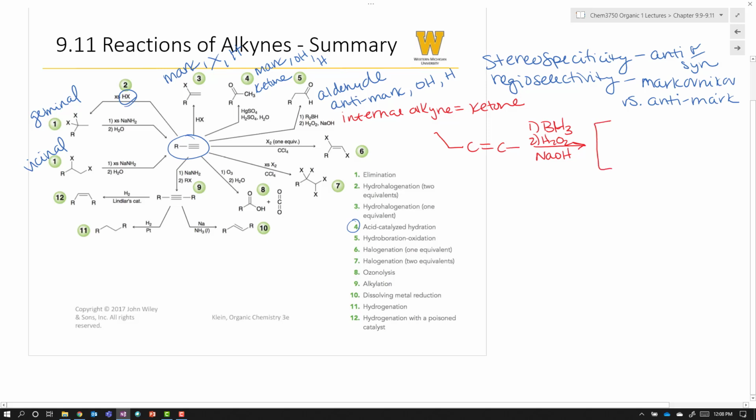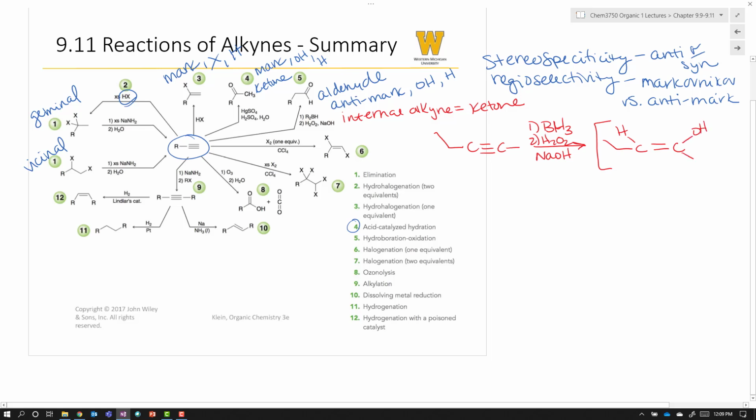You would form the intermediate, and so this is showing you how this is adding on as an anti-Markovnikov. So this carbon, oops, wow, that's supposed to be an alkene, not an alkyne. I have the ethyl, I'm adding my hydrogen onto that carbon, double bond, carbon, and my OH adding onto that carbon.